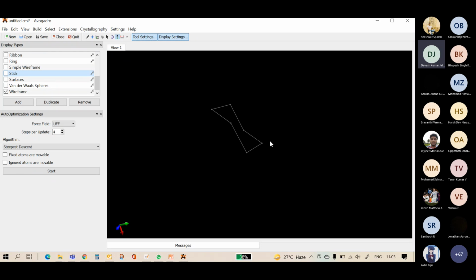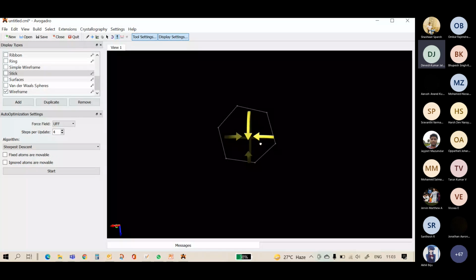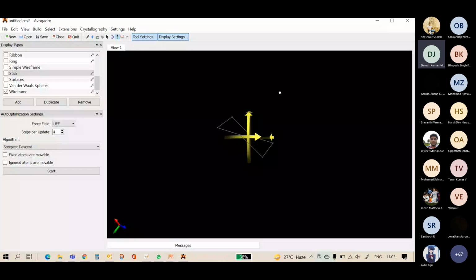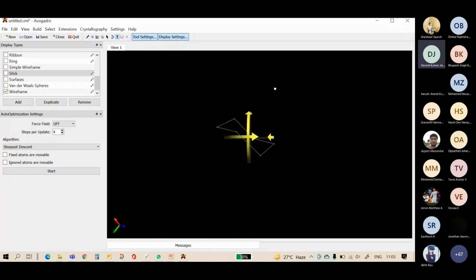Yes, sir. It is the chair conformation. Looks beautiful, right? Look at this. If I orient it this way, it looks planar. But if you move it, you know that it is a chair conformation.